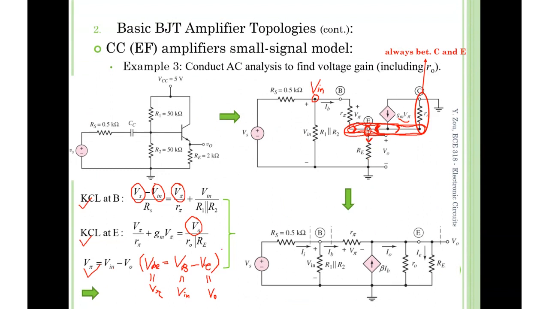So in the second equation, the left-hand side remains the same, 2 currents. The right-hand side is V naught divided by R naught, the current flowing upward, right? Plus V naught divided by RE.